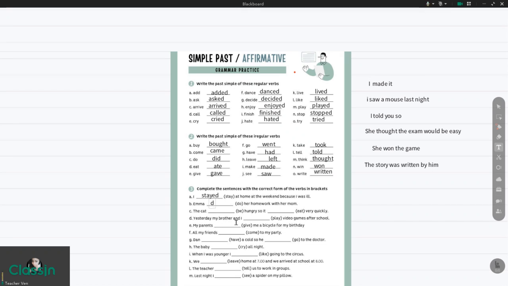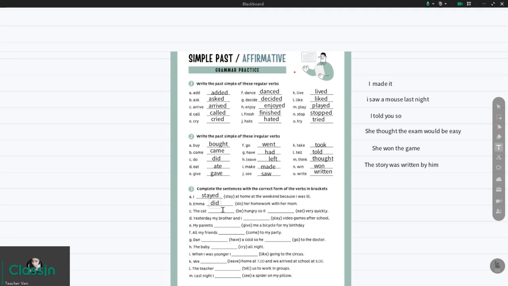Right. Did. Right? So do is our irregular verb. Notice here in this example, our letter C, do becomes did, right? Because it's an irregular verb. Okay. Emma did her homework with her mom.